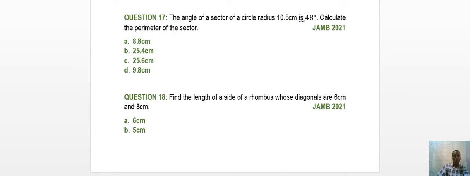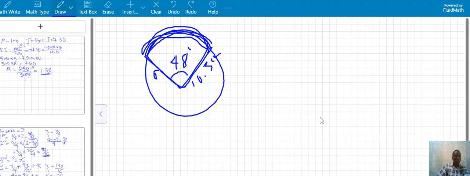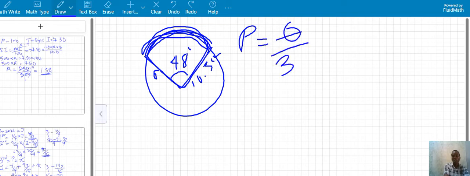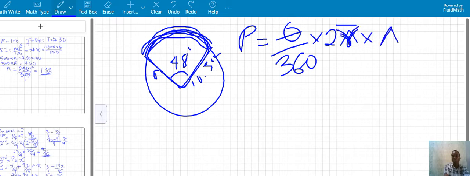Now the perimeter of a sector will be equal to, because it has an angle, theta over 360, that's the part of the angle, times 2 pi times the radius.